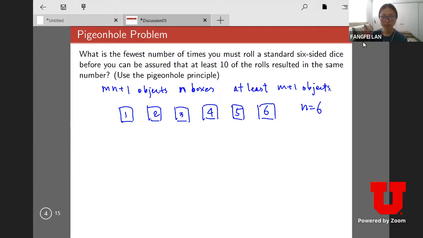So what we want is at least 10 of the rolls resulting in the same number, right? So that means we want 10 rolls to end up in the same box. So what does that mean?